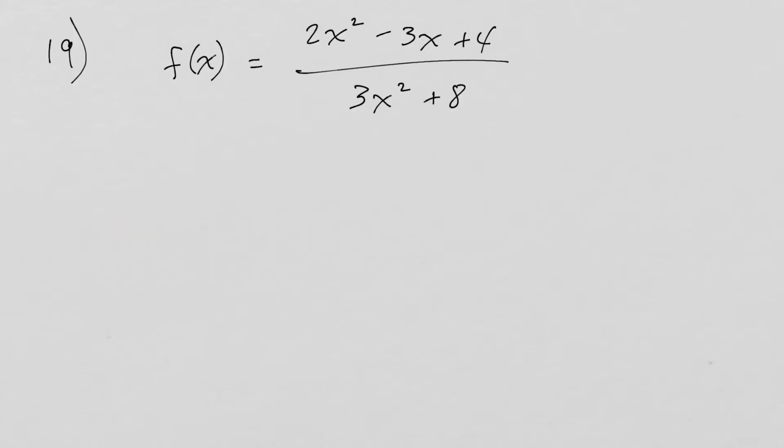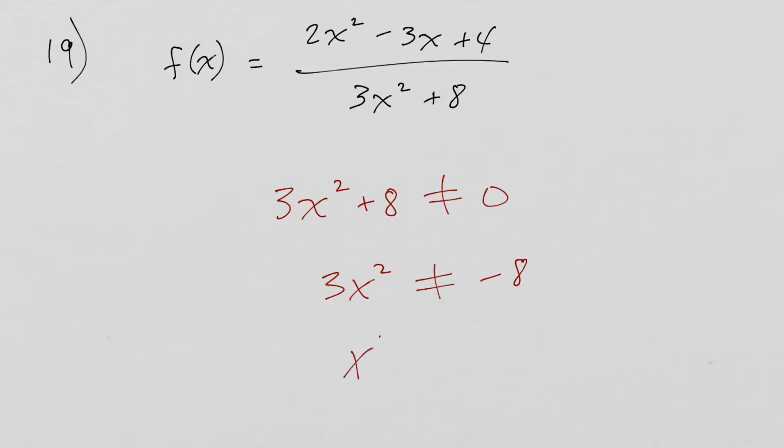Okay, so when I'm thinking about the domain, I want to make sure that 3x squared plus 8 cannot be equal to 0. That means that 3x squared cannot be equal to a negative 8. Or in other words, x squared cannot be equal to a negative 8/3.